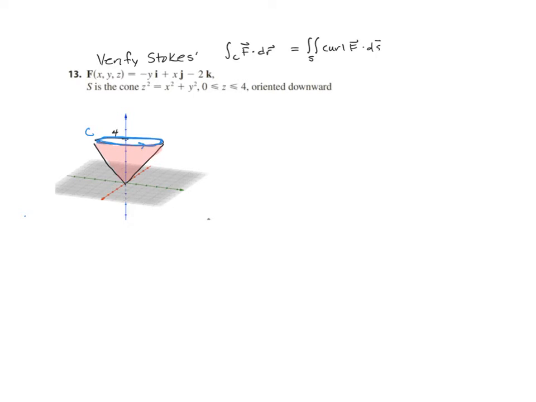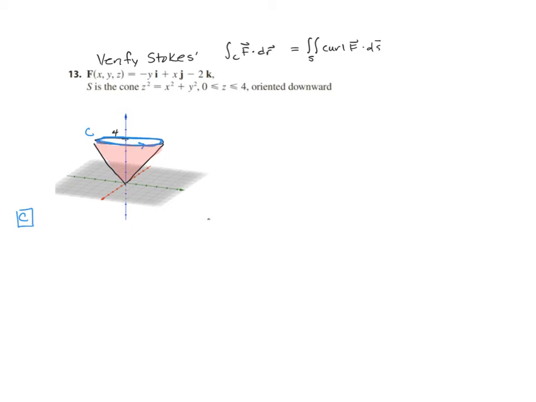As far as the curve goes, it is a circle, and it is where z equals 4. I have x squared plus y squared equals 4 squared, or 16. So it is a circle of radius 4 there.